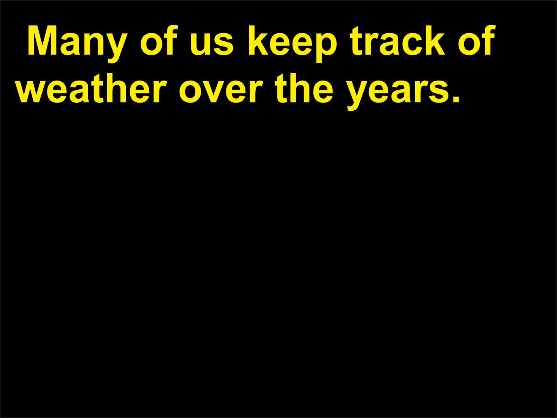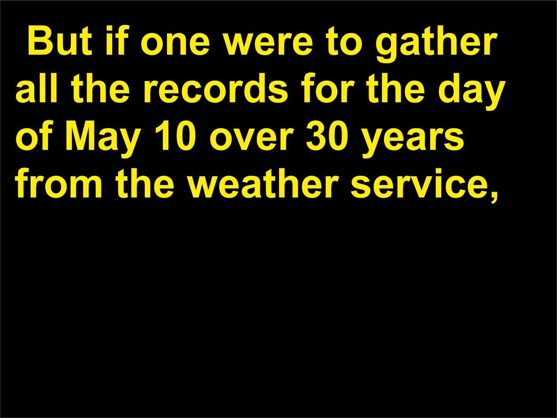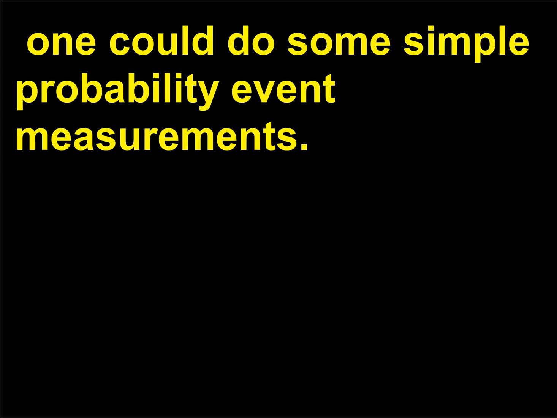Another example is weather records. Many of us keep track of weather over the years. But if one were to gather all the records for the day of May 10 over 30 years from the Weather Service, one could do some simple probability event measurements.